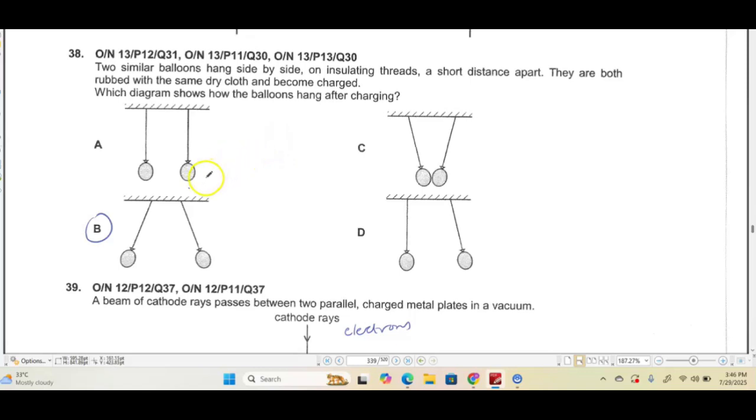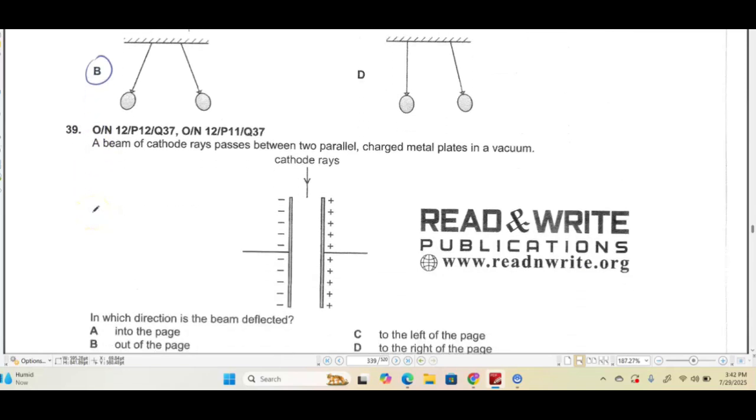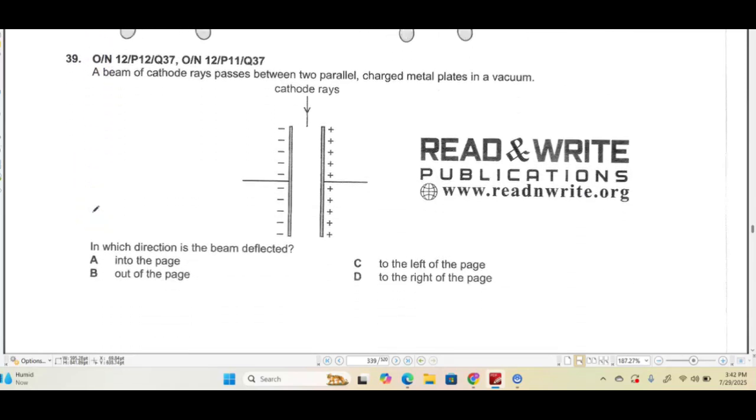And as we know that like charges repel each other, therefore the charged balloons will repel each other. ठीक है, so this one shows like charges repelling each other. So B is going to be our correct option. Question number 38 हो गया. 39.